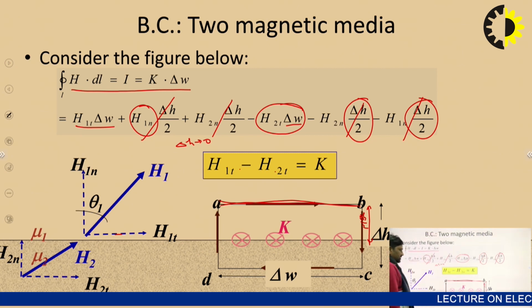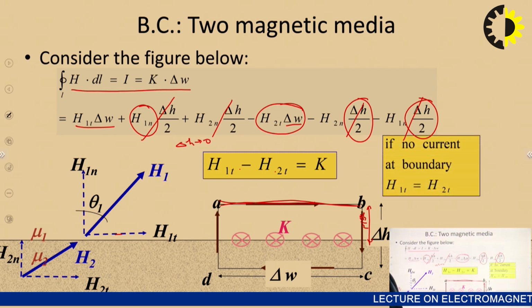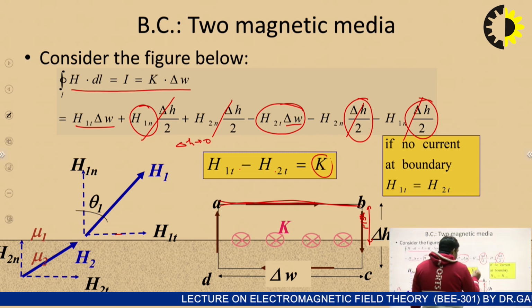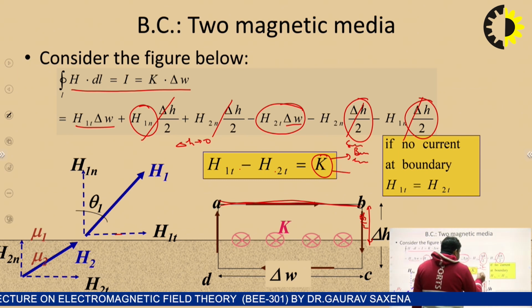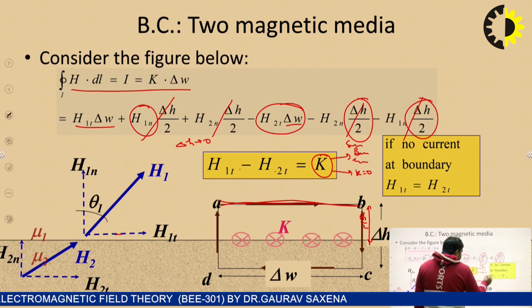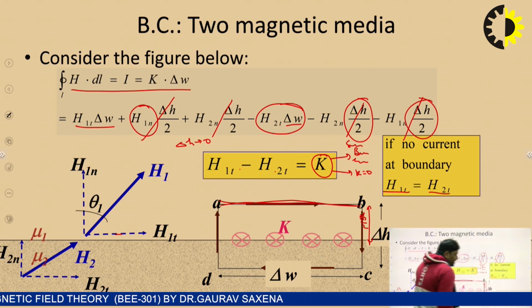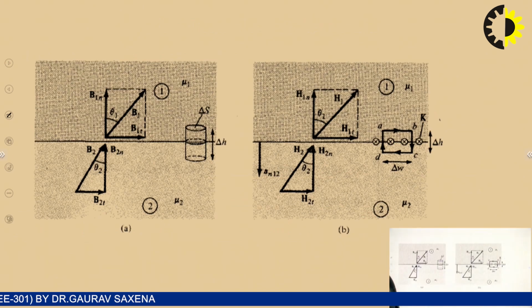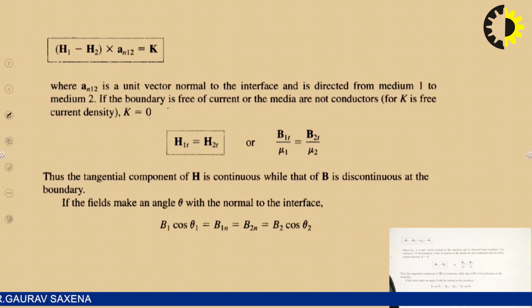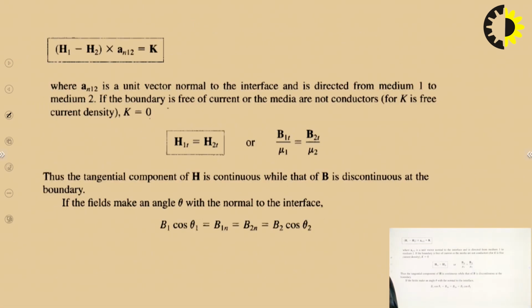K is the surface boundary current element. If there is no current at the boundary, K is equal to 0, so H1t is equal to H2t, or we can say the tangential magnetic field intensity is continuous. So what are the two boundary conditions?